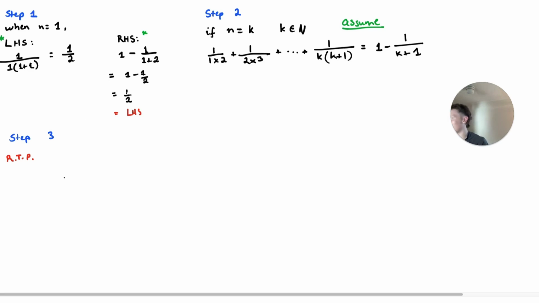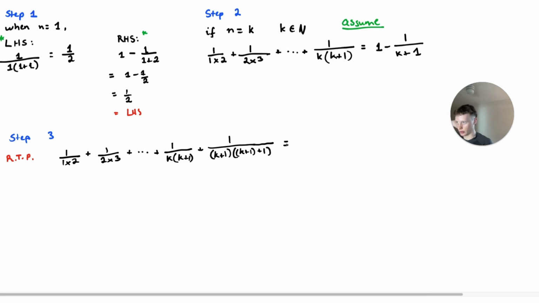And so what we need to prove is, does this hold for the term we just assumed was true and the term after it? Illustrated by k plus 1. So we get something that looks like that. And on the right-hand side, it has to equal 1 over k plus 1 plus 1.